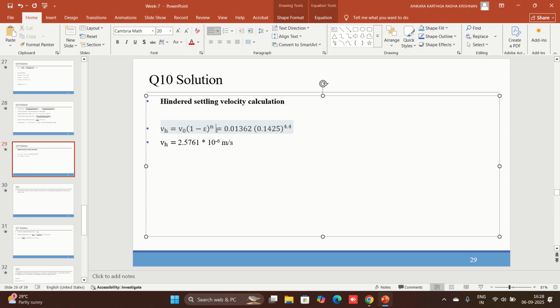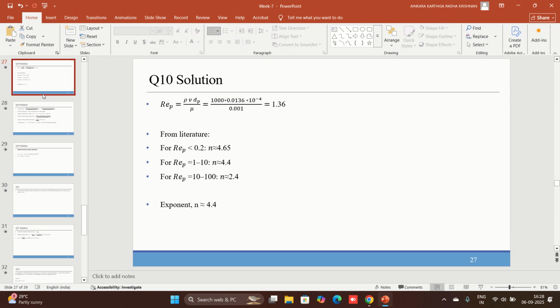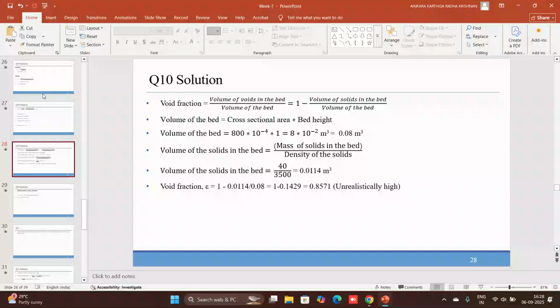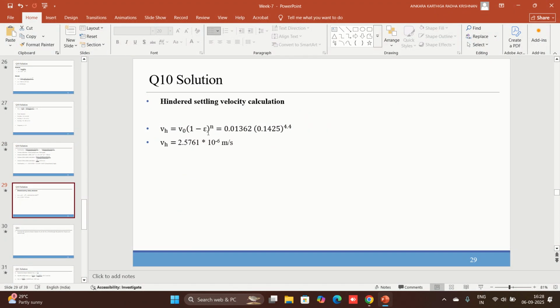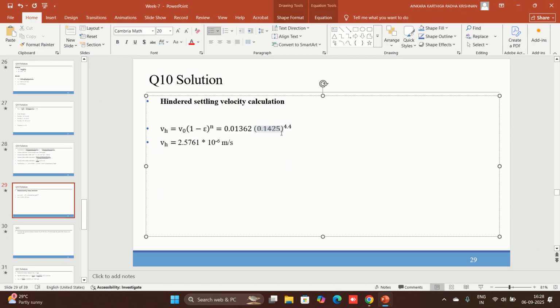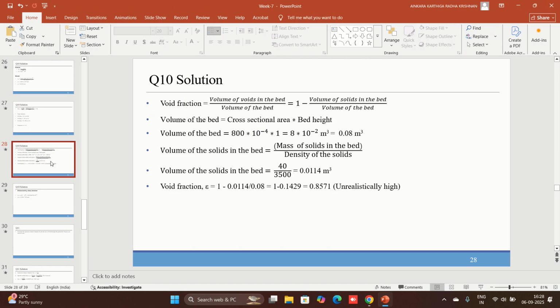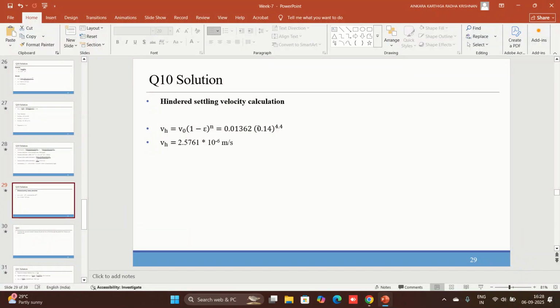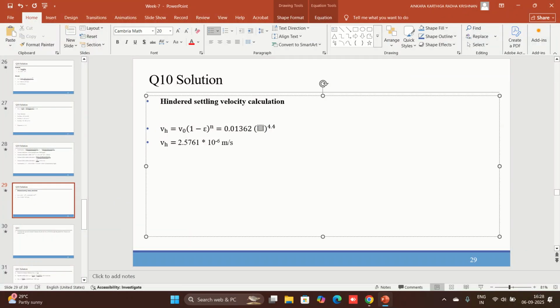V naught is 0.0136, and epsilon is 0.1429, not 1425 actually. So 1 minus 0.8571, let it be like that, so the answer will change slightly because of that, to the power of 4.14.